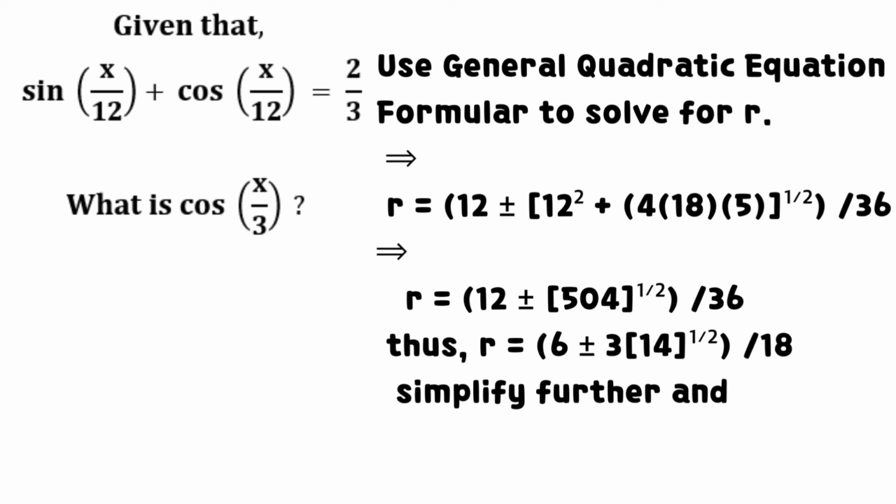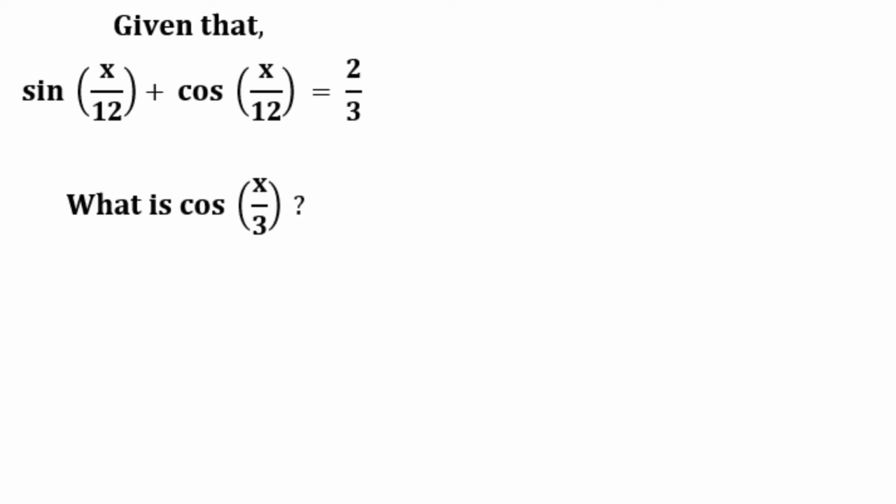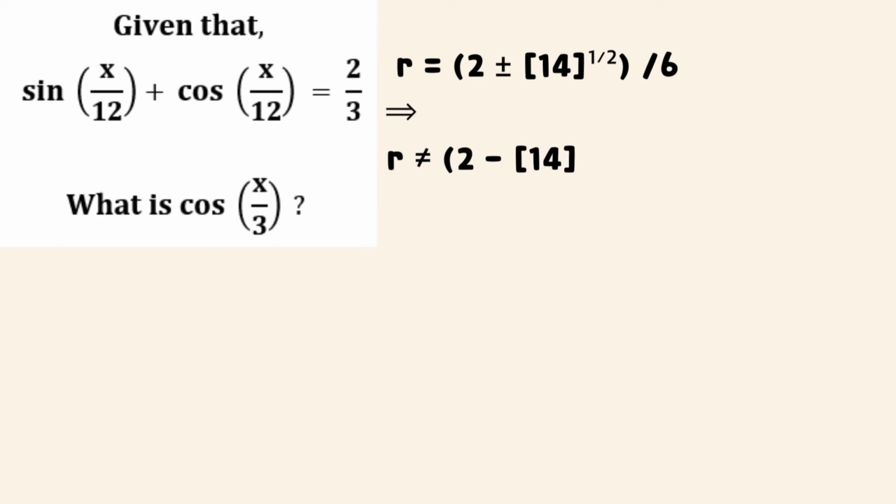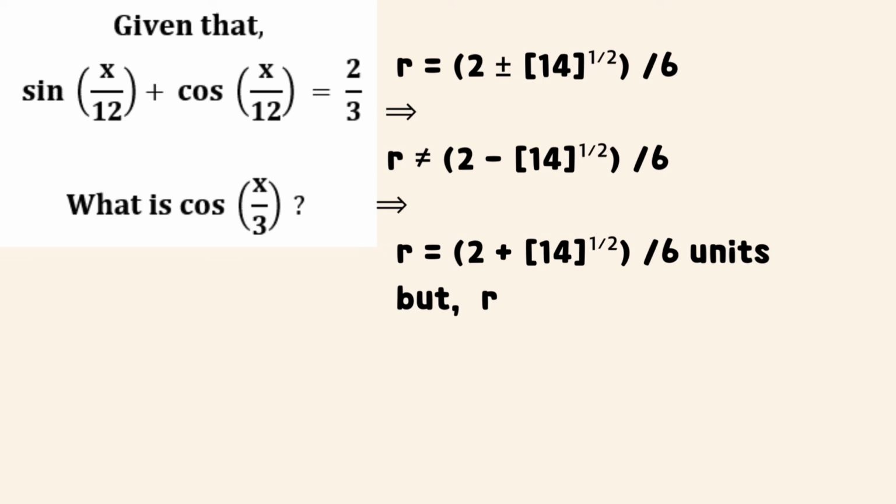Simplify to have that r equals 6 plus or minus the product of 3 and the square root of 14 all divided by 18. Then, simplify further and we have, thus r is not equal to 2 minus the square root of 14 all divided by 6.